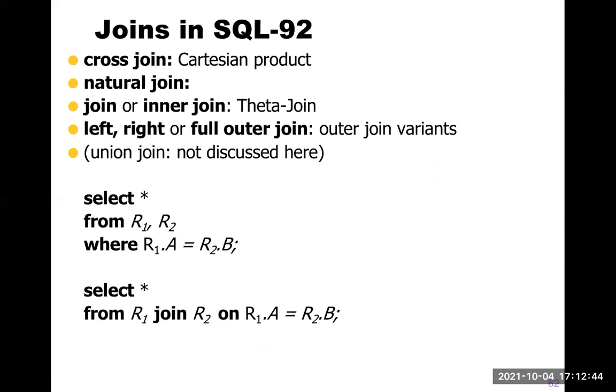And in most systems, if I have multiple conditions, not just a single join condition, where A equals B and column C in R2 is greater than 5, I convert it this way: on join condition, where C greater than 5.